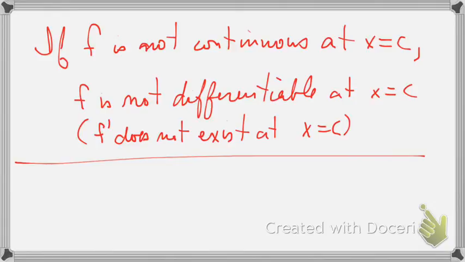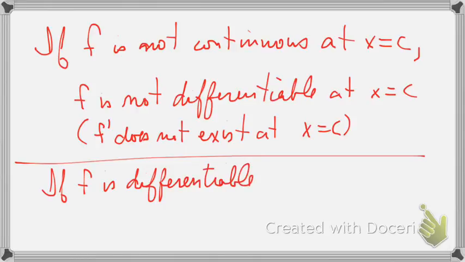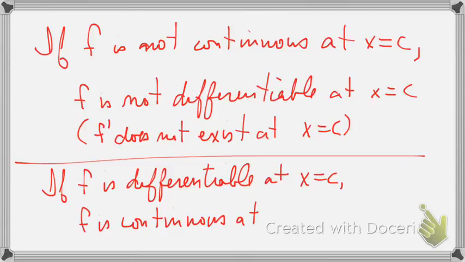So the contrapositive of this is saying: if the function is differentiable at a point, then f is continuous at that point.